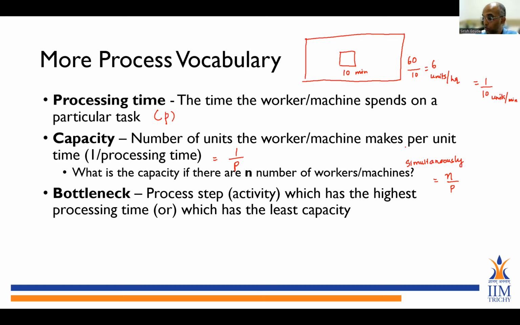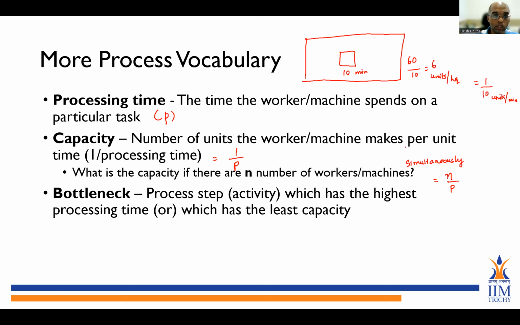Bottleneck is also used when you are going in traffic and there is a particular junction where there is a lot of blockage. That is also something that we refer to as a bottleneck. While there are many definitions of bottleneck, one thing that we generally use is that particular activity or resource or worker or machine which is going to take the highest amount of time, or has the lowest capacity.